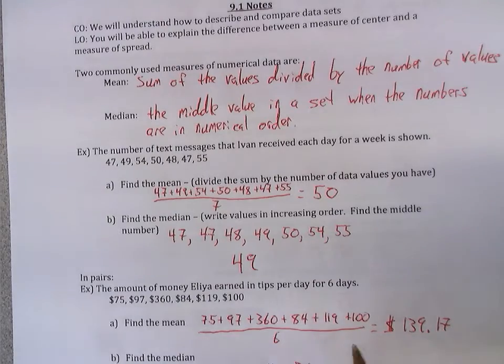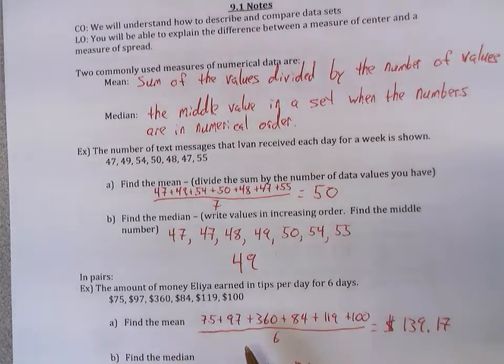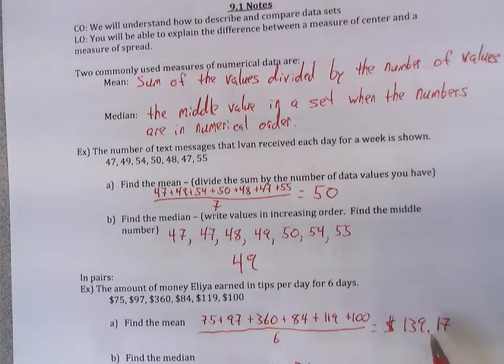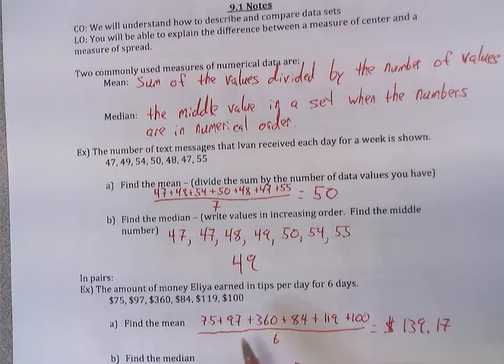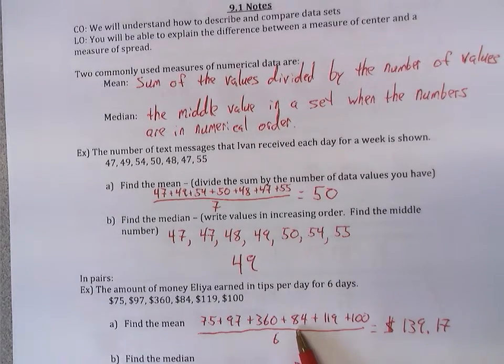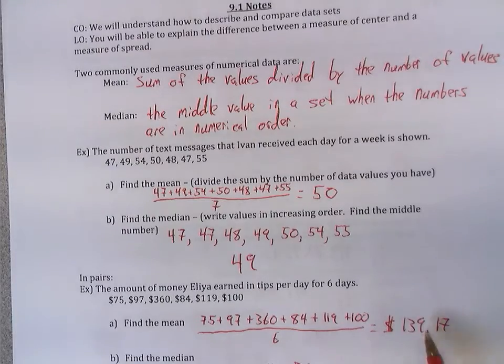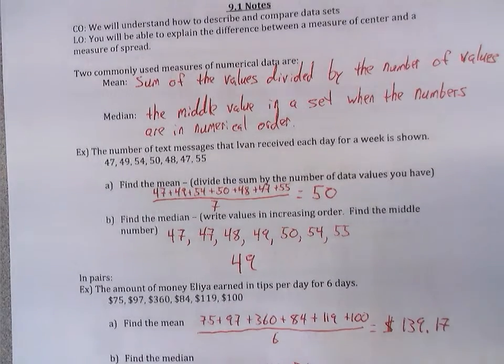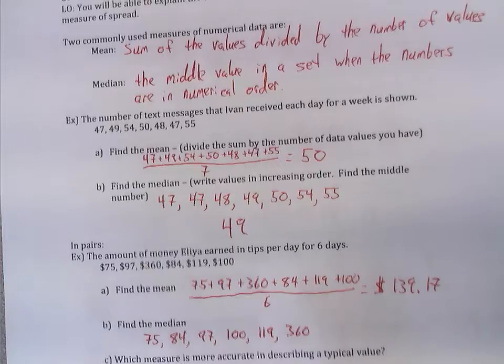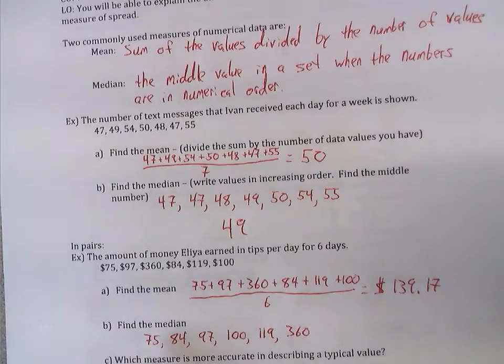And you can see that this is a bit skewed because we have that one day that has a large tip amount. Were the other days close to this average of 139? Not really. Most of the days were lower than that. In fact, every day was lower than that except one. Some of these days, like this one and this one and this one, are significantly lower than this amount.